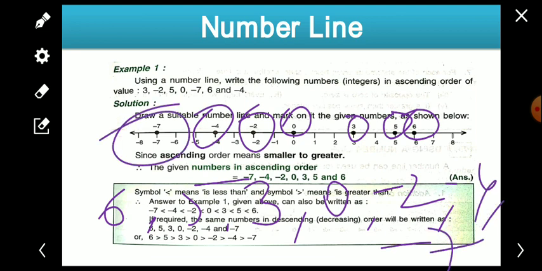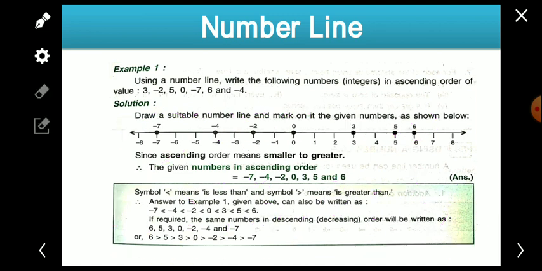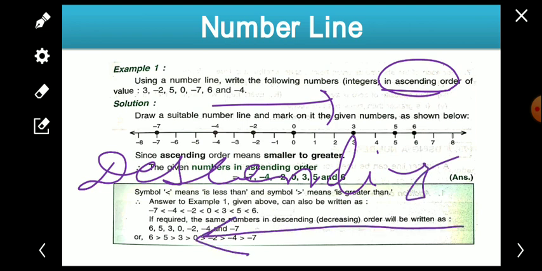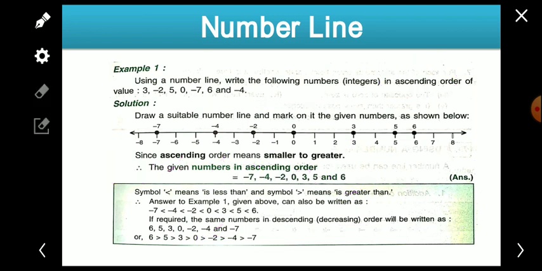So the numbers have been arranged in descending order. For ascending order we move towards the right, and for descending order we move towards the left, and keep on writing the given numbers. Then the numbers will be arranged automatically. In place of a comma we can also use the symbol, as we know.